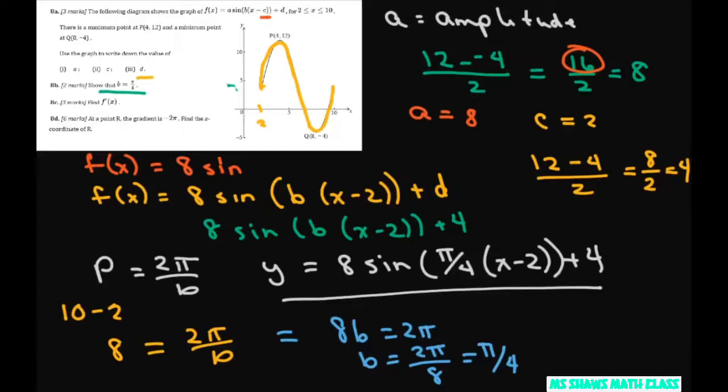Okay. Now we want to find the derivative of f of x, and then at point R, the gradient is negative 2 pi, so we want to find the x coordinate of R. So again, our equation is y equals 8 sine of pi divided by 4 times x minus 2, plus 4.